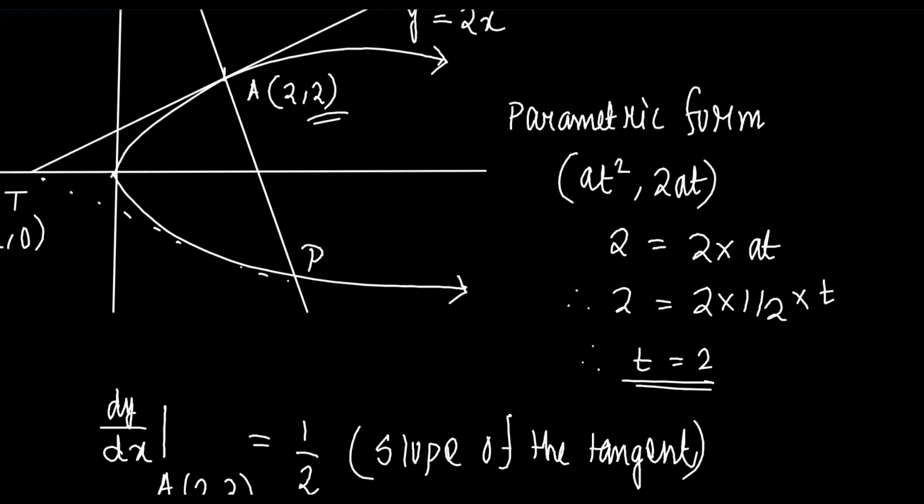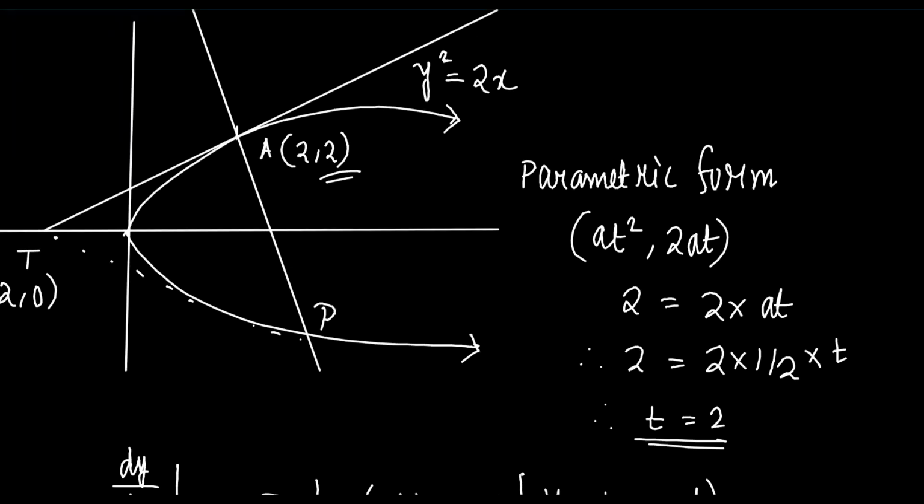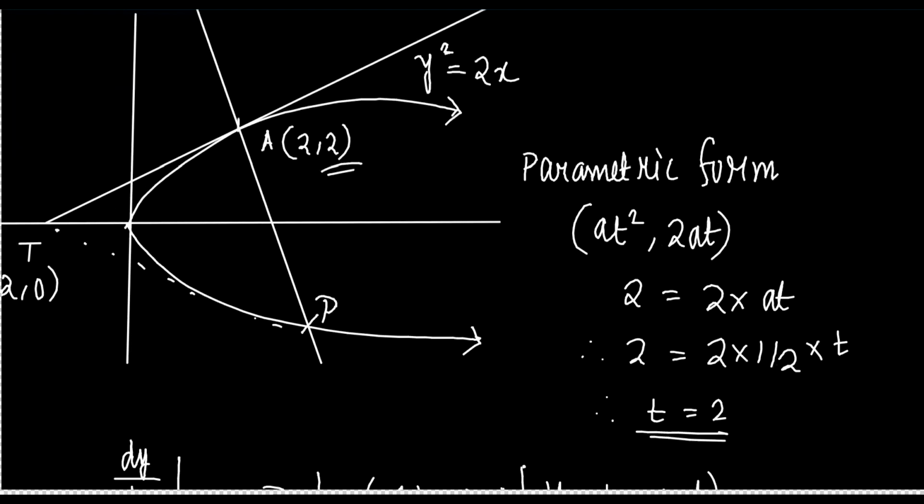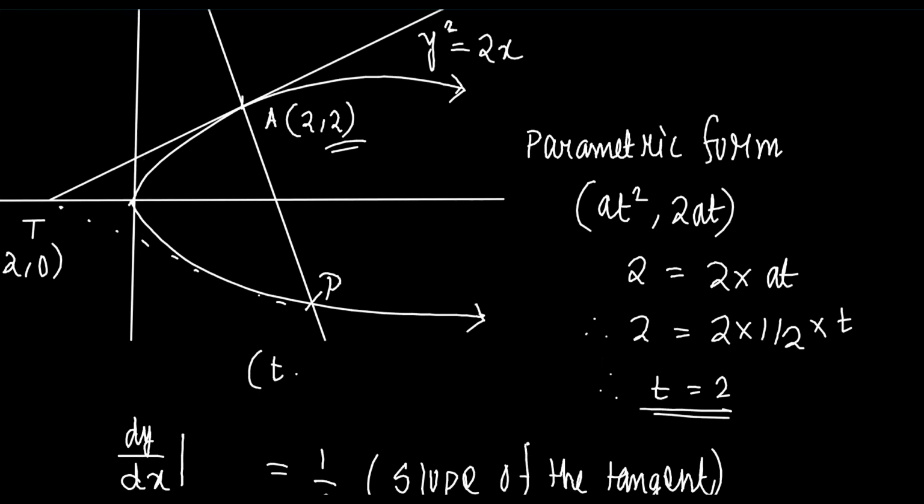Now, it's given that the normal cuts the parabola again at P. So if it again cuts this parabola at point P, the parametric form of this will be, in terms of t, t minus 2 by t.